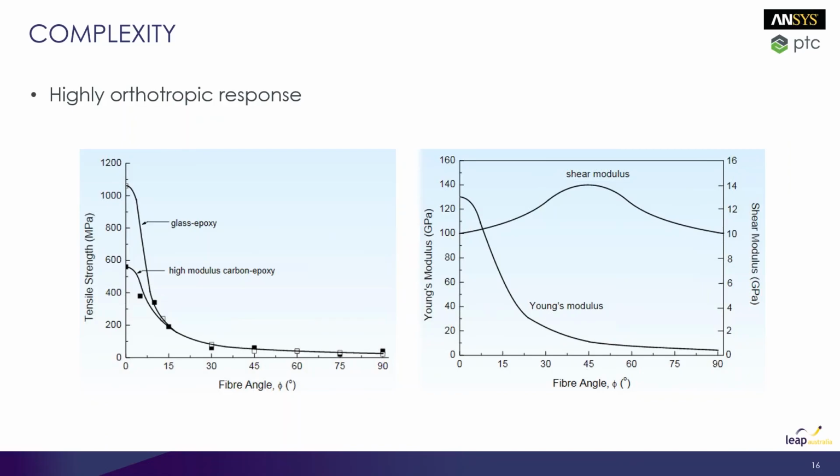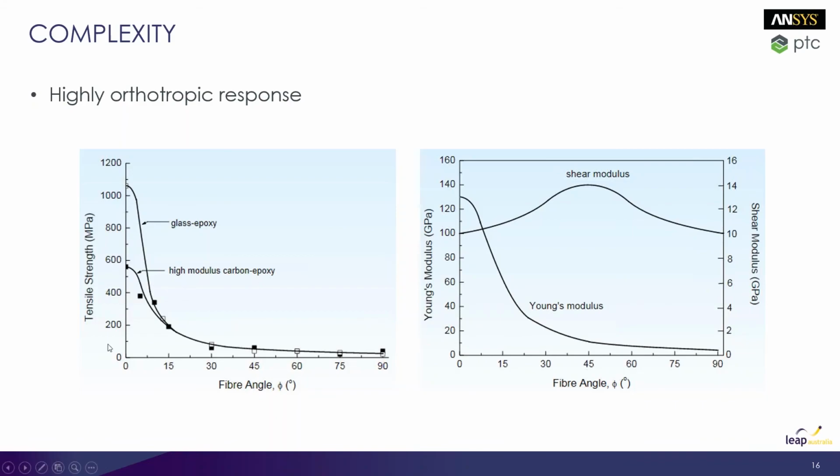It will be incredibly stiff. If we then begin to load that material off axes, that is, if we pulled it at right angles to the fiber, we're going to have a huge drop off in the strength and the stiffness, because all of that loading is all of a sudden being carried by the matrix, not the fibers.